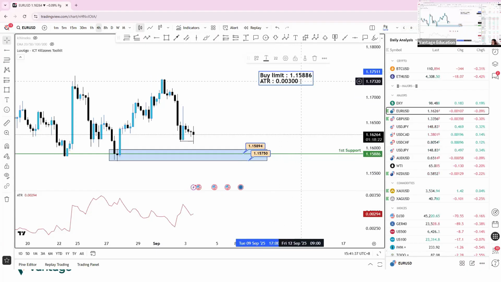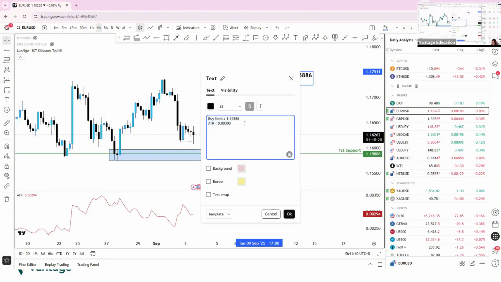So our TP and SL. What I need to do is 1.15886 minus for the stop loss, 0.0030.